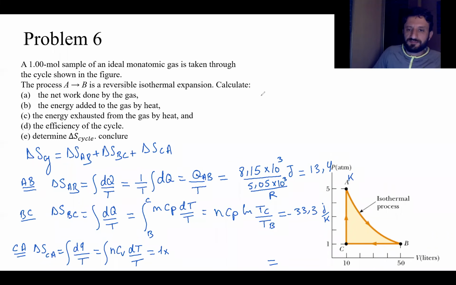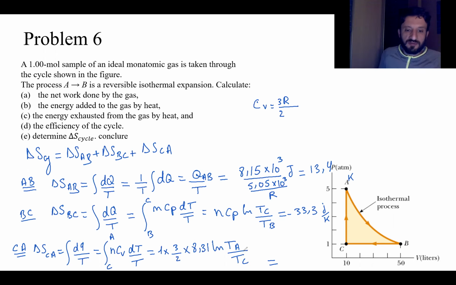I repeat, CV equals R times 3 over 2, which is 3 over 2 times R, 8.31. The integral of dT between C and A equals ln of TA divided by TC.